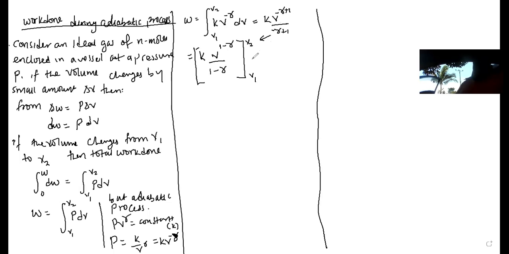So when you simplify it, it becomes K of V2 power 1 minus gamma minus K of V1 power 1 minus gamma, all divided by 1 minus gamma.